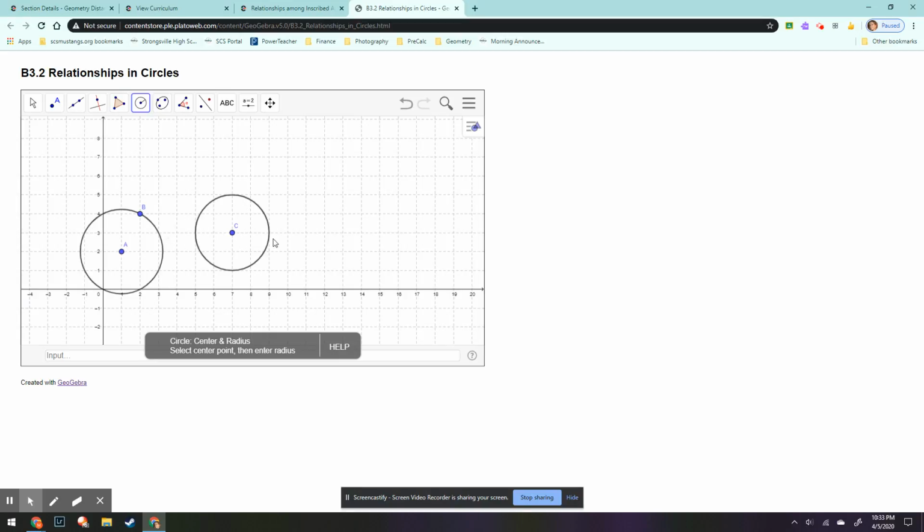So if I did that circle where I chose the center and the radius and it didn't put a point on there, what I would do is I'd come over here to this point, I'd click point, and then somewhere on this circle, I like to pick a nice point. So I would pick to put my other point right there. Okay, honestly, it doesn't matter which one you do. All you need is a circle and a point on there.